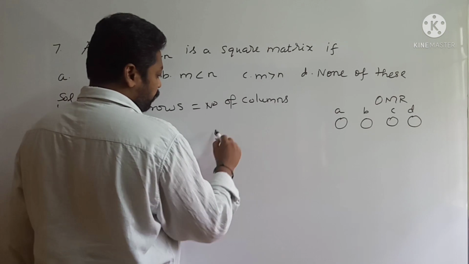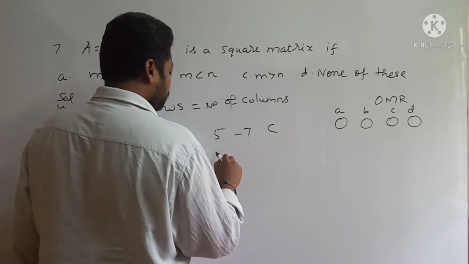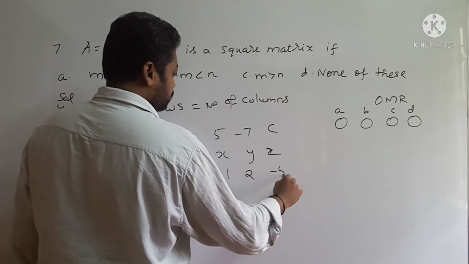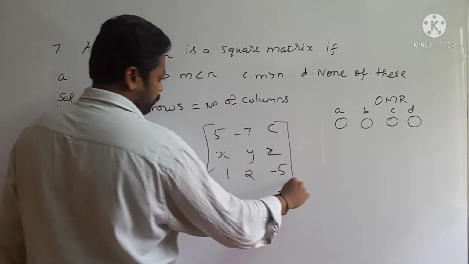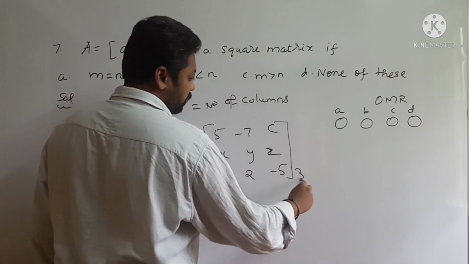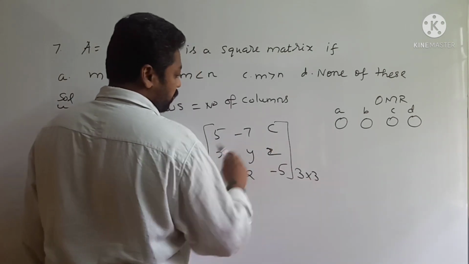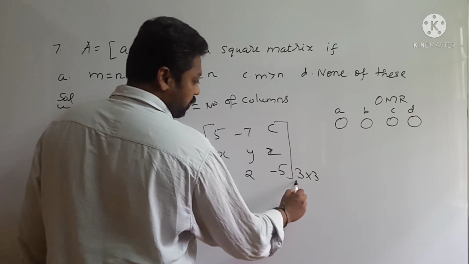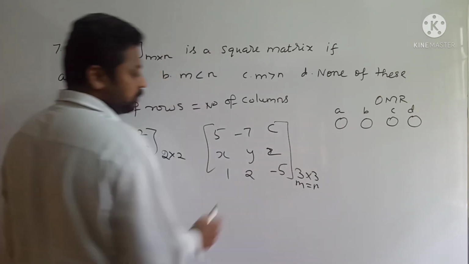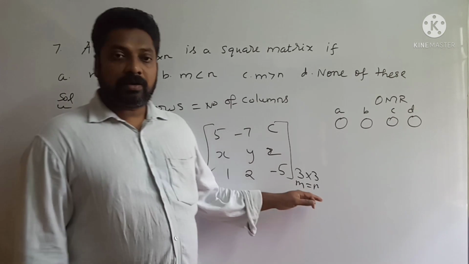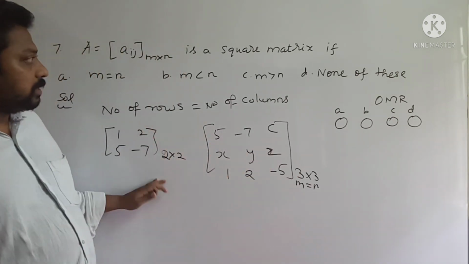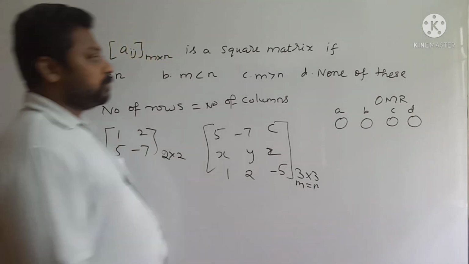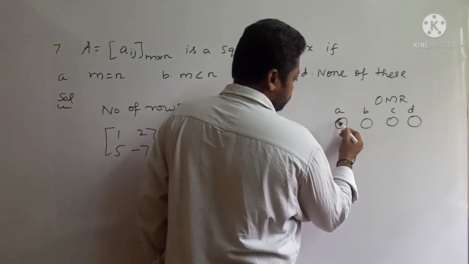Again, 5 minus 7, x y z, 1 2 minus 5: how many rows do we have? 3. How many columns? 3. So m is equal to n. When the number of rows equals the number of columns, it is a square matrix. So option A, m equal to n. You can shade it in the OMR sheet.